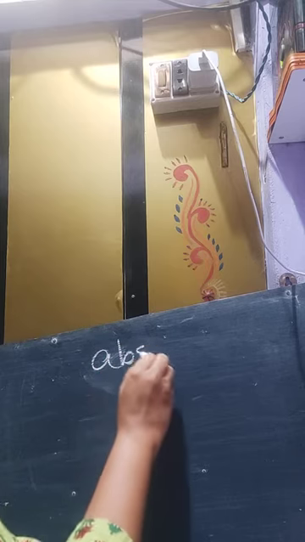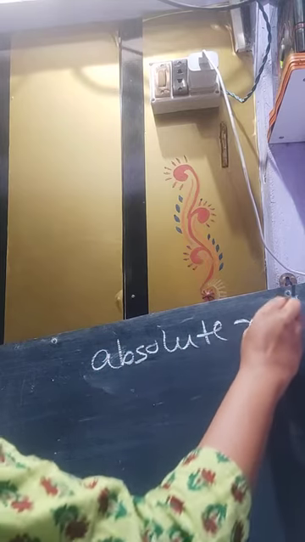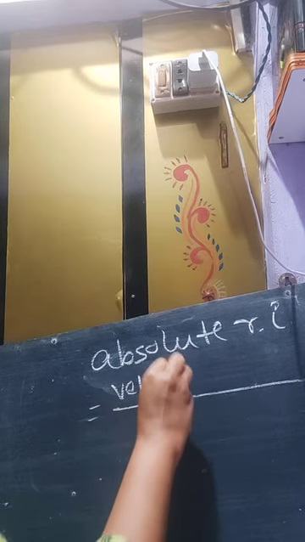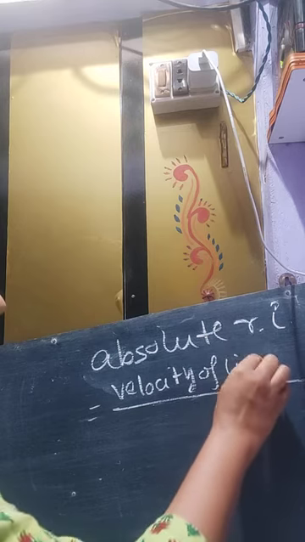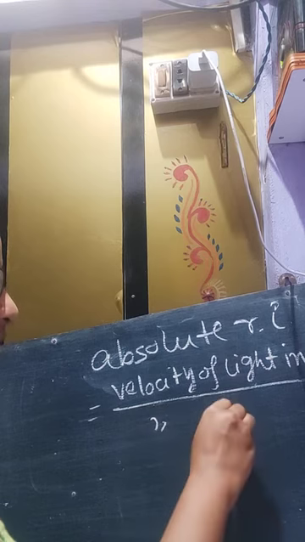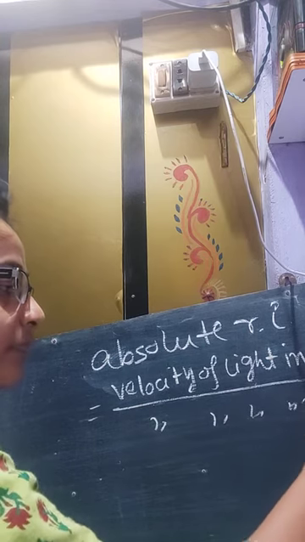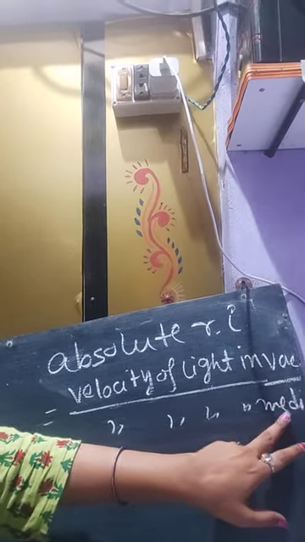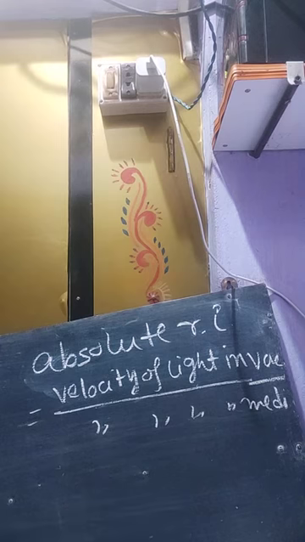Absolute refractive index first. Absolute refractive index is basically the velocity of light in vacuum by the velocity of light in the medium. If the medium is being calculated with respect to the vacuum, then that is known as the absolute refractive index.